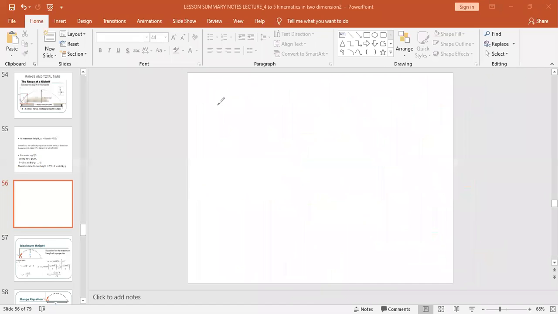Then we look at the X component. In the X component, we know acceleration is equal to 0.